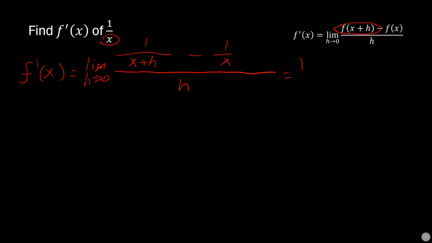So this would be the limit as h approaches 0 of x over x times x plus h, minus x plus h over x times x plus h. And then, of course, that's going to be divided by h.